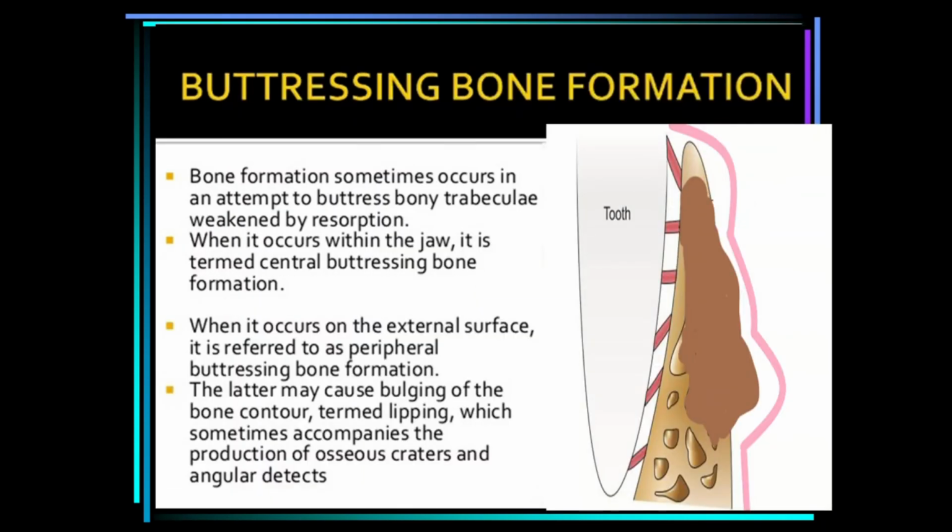Buttressing bone formation. Bone formation sometimes occurs in an attempt to buttress the bone trabeculae weakened by resorption. If bone resorption is there, and because of the resorption the trabeculae are weakened, either by inflammation or in any other way, then in order to reinforce the strength, excess deposition of bone will be there.